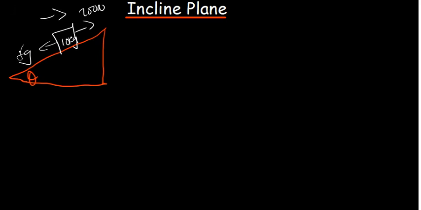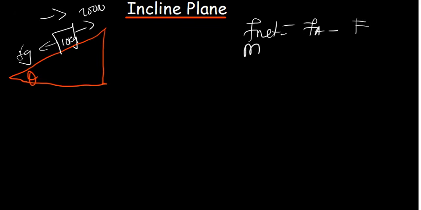Okay, so we start. The F net is going to be equal to the applied force minus the Fg. We are saying without friction. Now you are applying a force going in this direction. So I now want to see how we can calculate the acceleration.